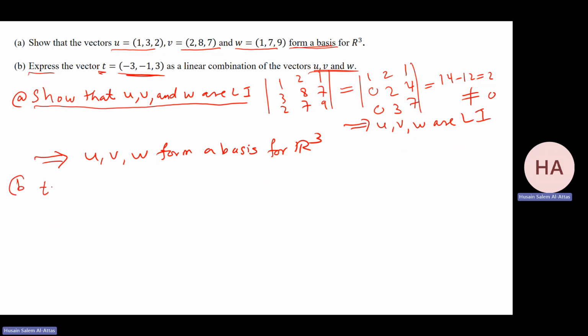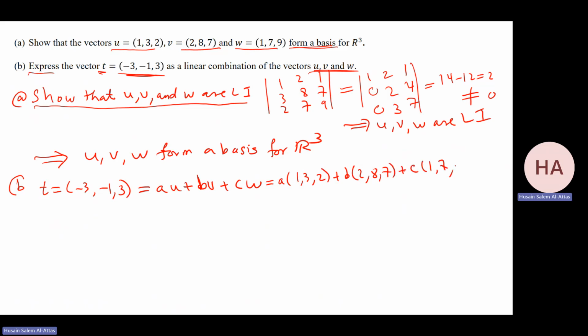I need to write T as a linear combination AU plus BV plus CW, and I'm looking for A, B, C. So that gives me what? A times U, 1 3 2, plus B times V, 2 8 7, plus C times W, 1 7 9.